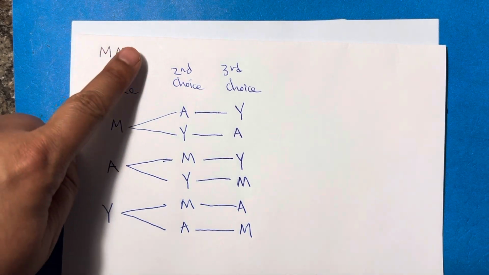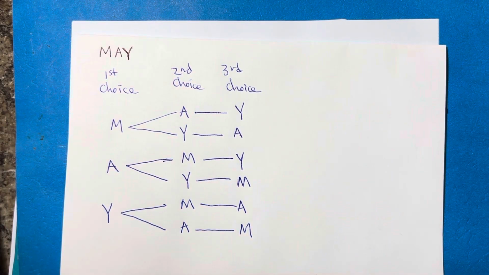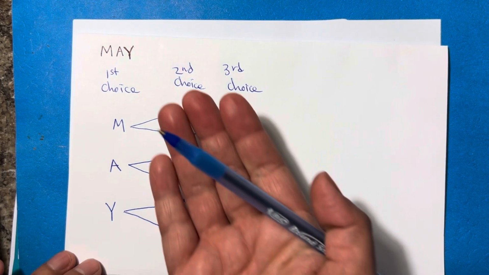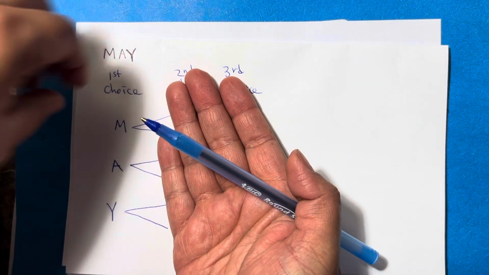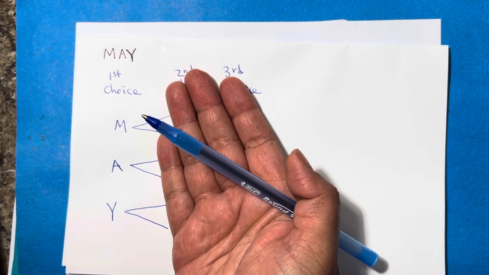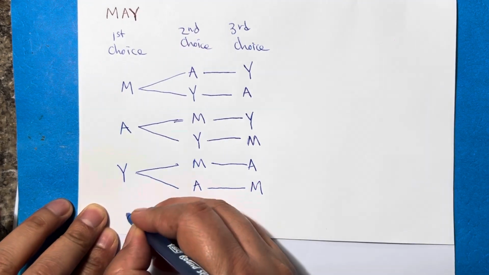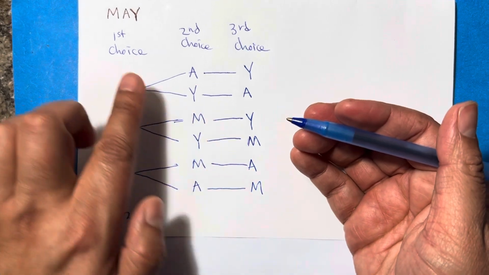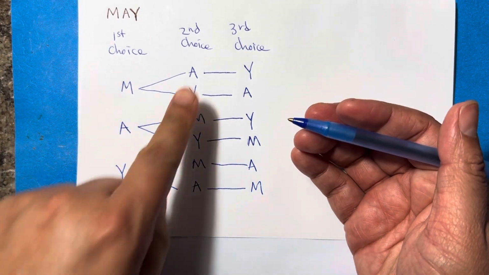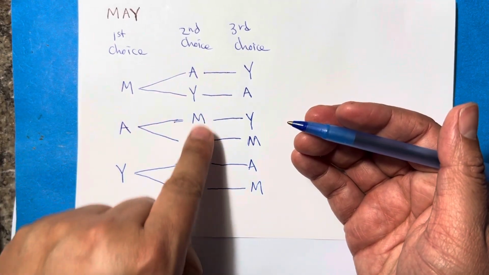So when I first put the letters in the bag, I had three letters to choose from. I put my hand in, there are three cards. For the second choice, I took one out, I don't replace it. I have only two letters.